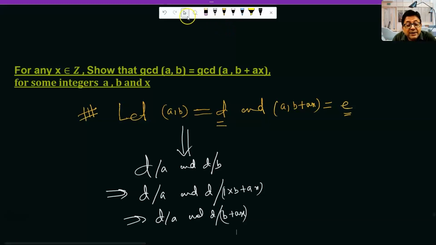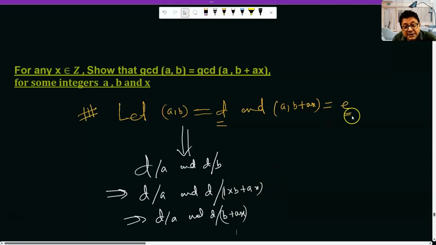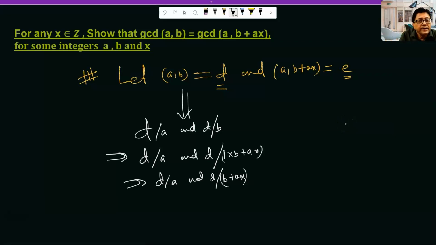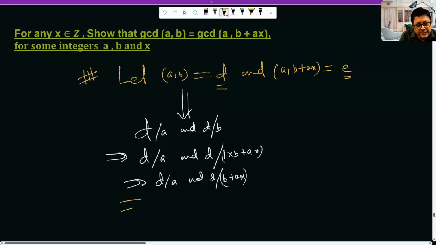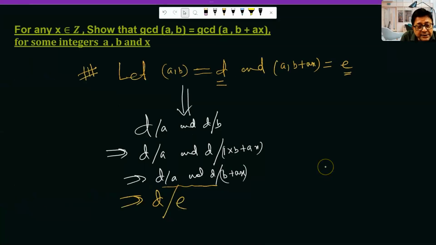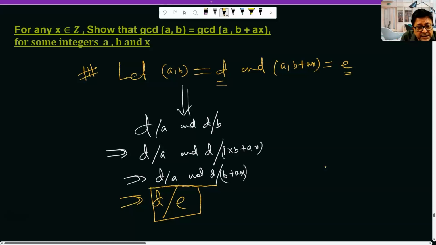But A and B plus AX have GCD E, the largest such number. So by the concept I told you today, D must divide E. Why? E is the GCD of A and B plus AX, so a number which divides both A and B plus AX must divide their GCD.